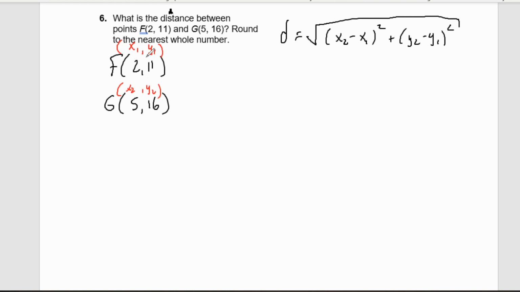So now I can make my substitutions. Where I see x1, I'm going to want 2, and where I see x2, I'm going to want 5. And then where I have y2, I'm going to want 16, and where I have y1, I want 11. And then I'm just going to go ahead and fill in the rest of the equation around it.